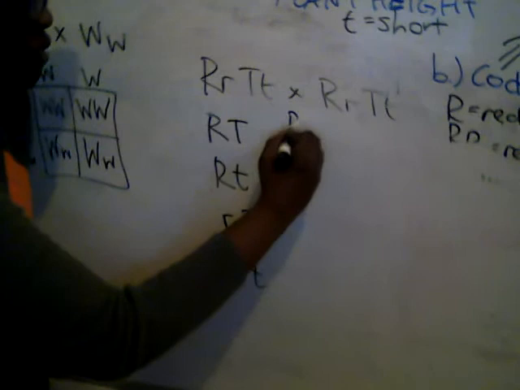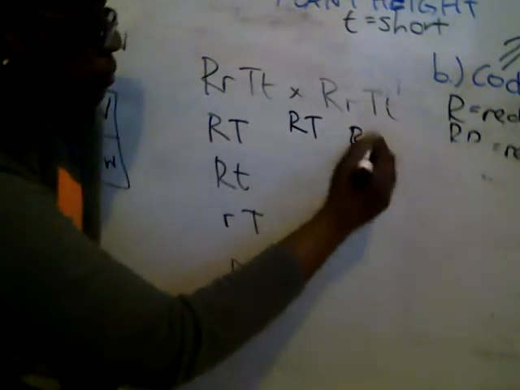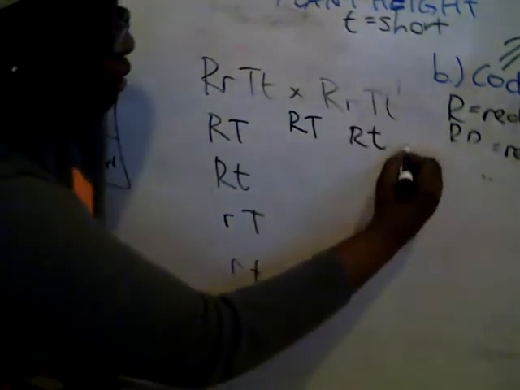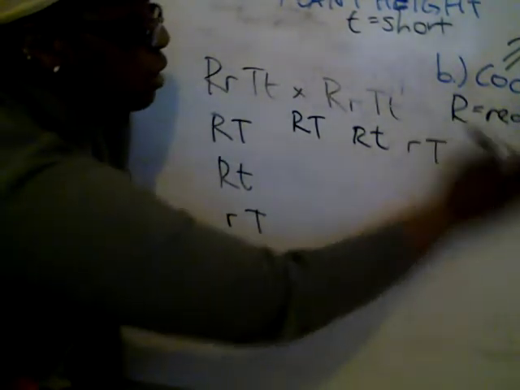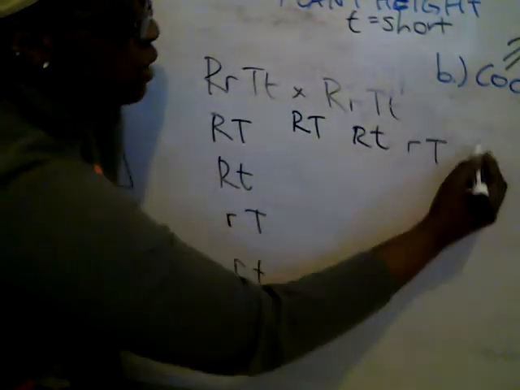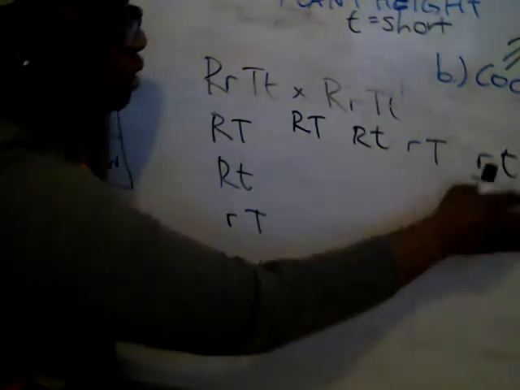This parent could give a big R, big T, one of each. It could give a big R, little t. It could also give a little r, big T. And it could give a little r, little t. So if you notice, one parent has 4 combinations they could give, and this other parent has 4 combinations it also can give. This is where you would get the really big Punnett square. And so we would have a 4x4.